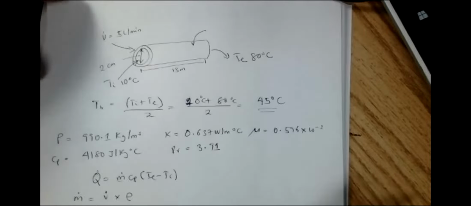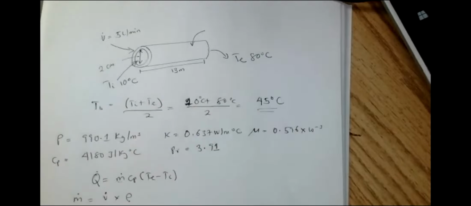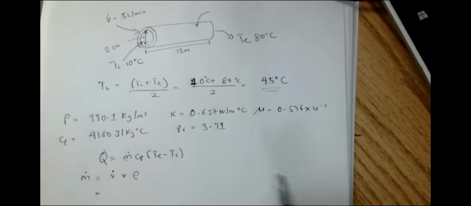Okay, so we have been given the volumetric flow rate in liters per minute, and that is not a standard value. We have to convert that into cubic meters per second. I think 1 liter is equal to 1,000 cubic centimeters.